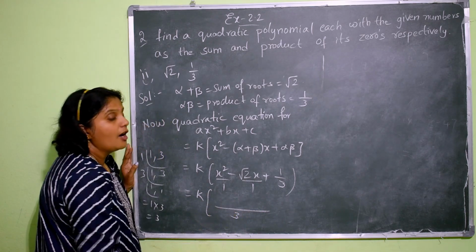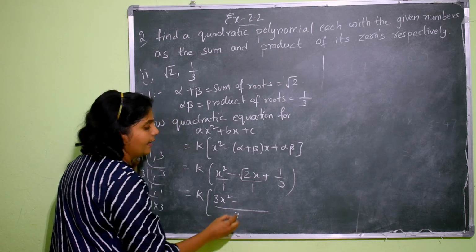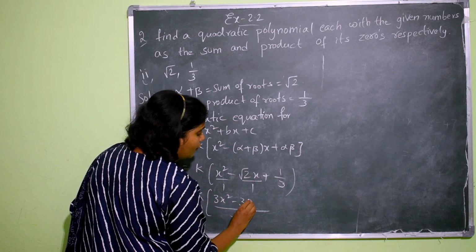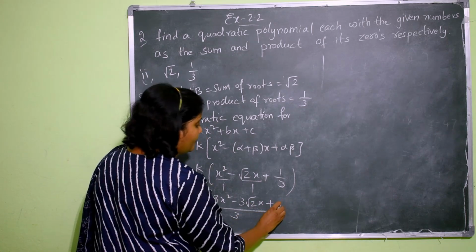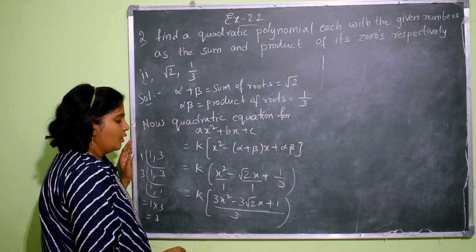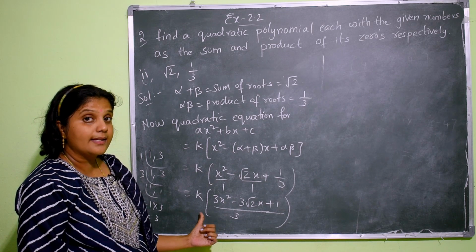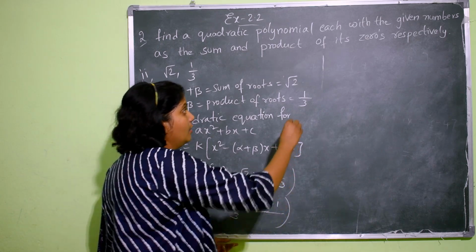In one table 3 how many times? 3 times. So 3 into x square minus, again 3 times, 3 into root 2 is 3 root 2 x plus, in 3 table 3, 1 time, so 1. What is the denominator we got here? 3. So we should assume the k value as 3, because that is the denominator.